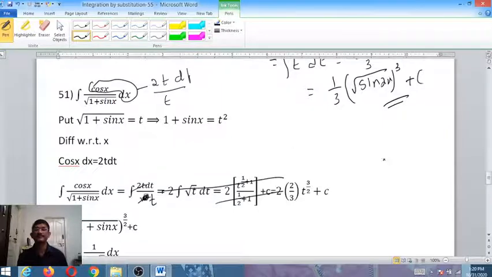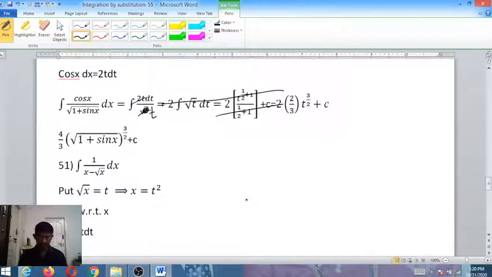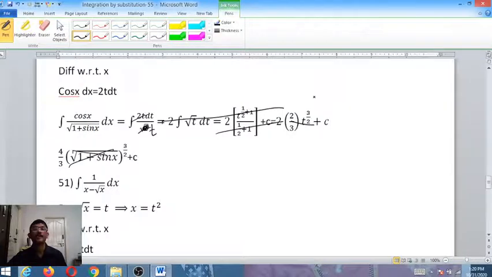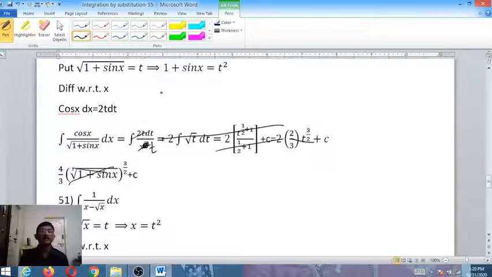So this is nothing but, therefore I write here the integral of cos x dx divided by root of 1 plus sin x.